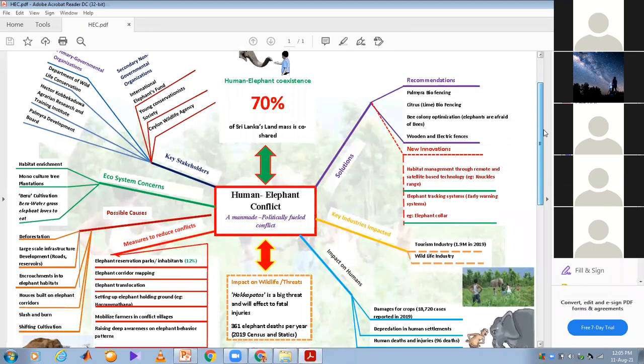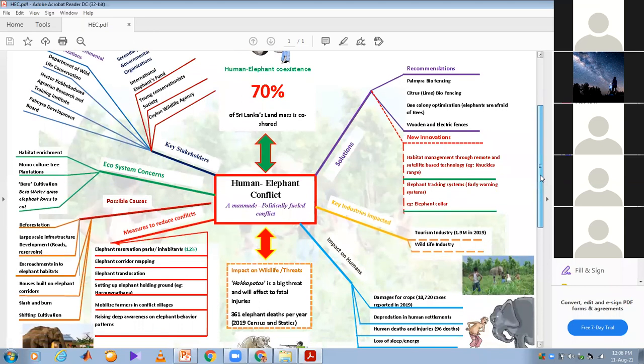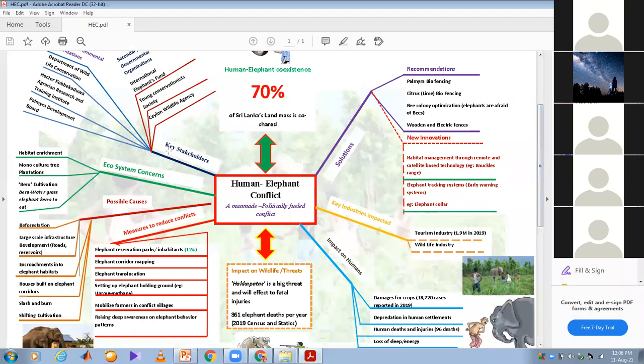In the middle, you need to address what the problem is, the human-elephant conflict. In the mind map, there may be different branches, like the key stakeholders, the ecosystem concerns, possible causes, measures to reduce conflict, impact on humans, impact on wildlife, and possible solutions. For example, we can give solutions as per recommendations as well as new innovations.